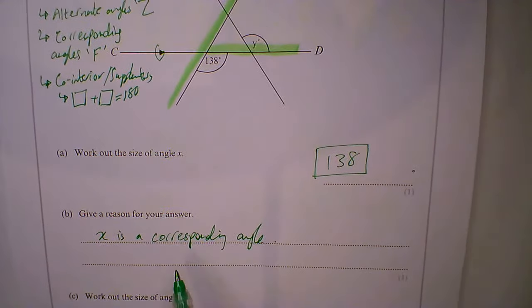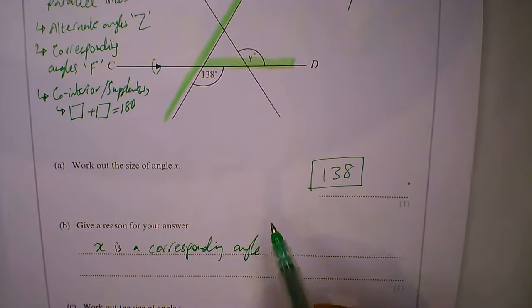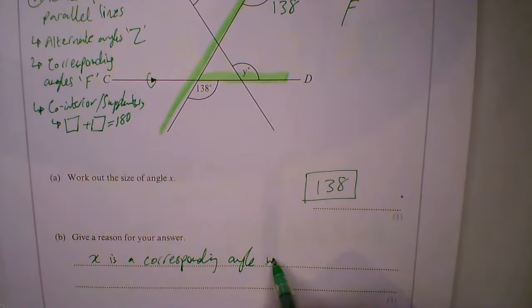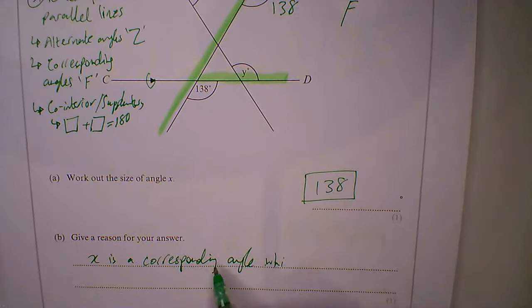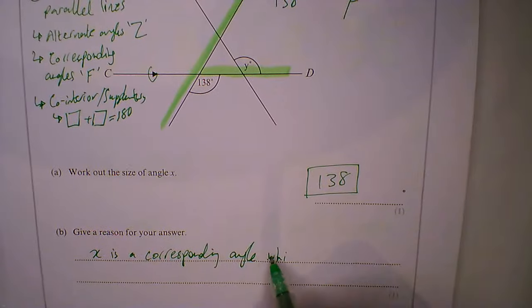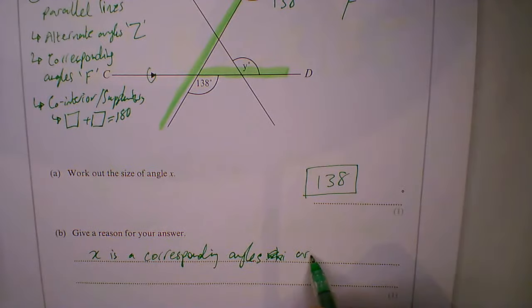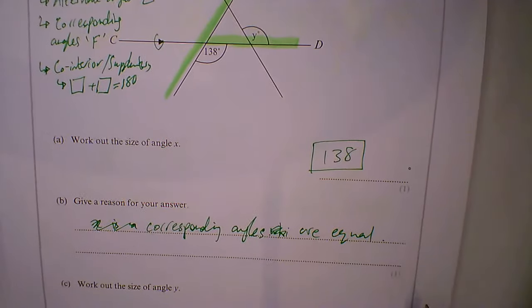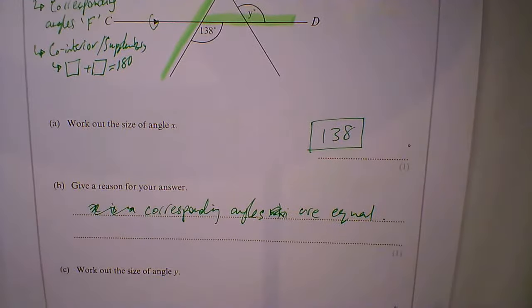Hold on, my sentence is incomplete. X is a corresponding angle, or corresponding angles are equal. Okay, let's look at Y.